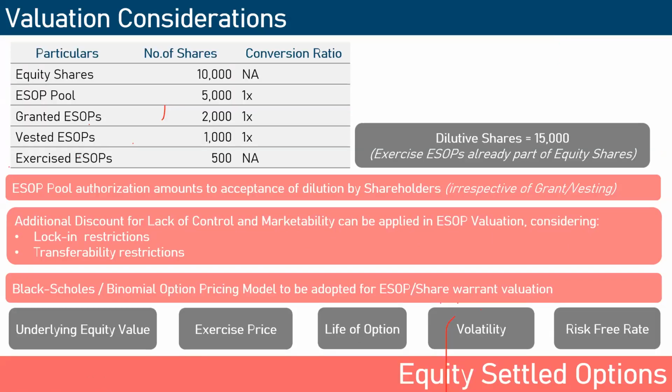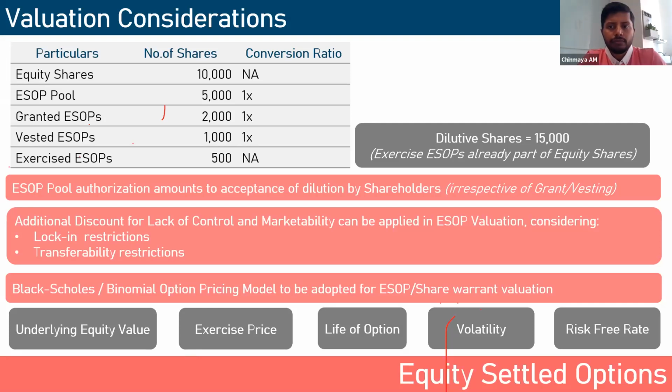Just one question: when you say ESOP pool authorization amounts to acceptance of dilution by shareholders, irrespective of granting and vesting, this will be totally dependent upon the terms of the ESOP scheme, correct? Yes. Several ESOP schemes contain that until the time exercise actually happens, the shares are allotted and the name of the ESOP allottee gets entered into the register of members as a shareholder, he will not have any rights as a normal shareholder will have, correct?